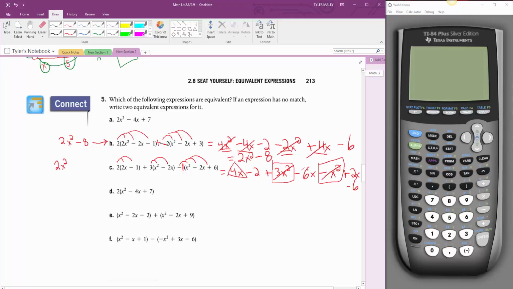So I have 4x minus 6x, so currently I'm at negative 2x, and then I have plus 2x. So those end up canceling each other out. So 4x minus 6x plus 2x goes away. And then I have negative 2 minus 6, which gives me minus 8. So right now I have part B and part C being equivalent to one another.